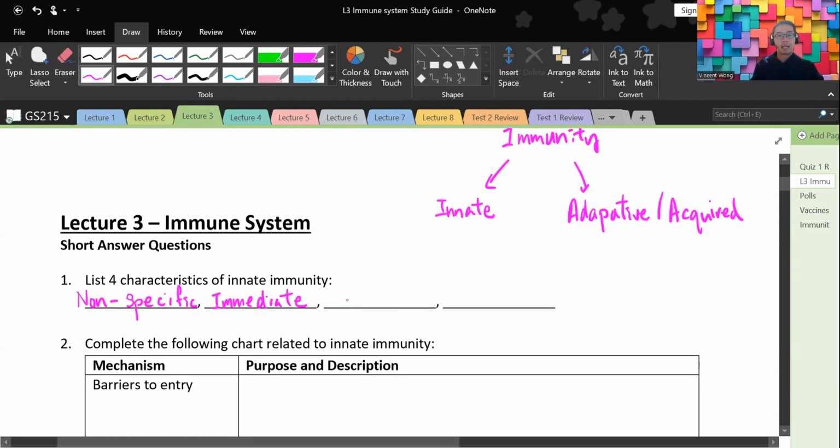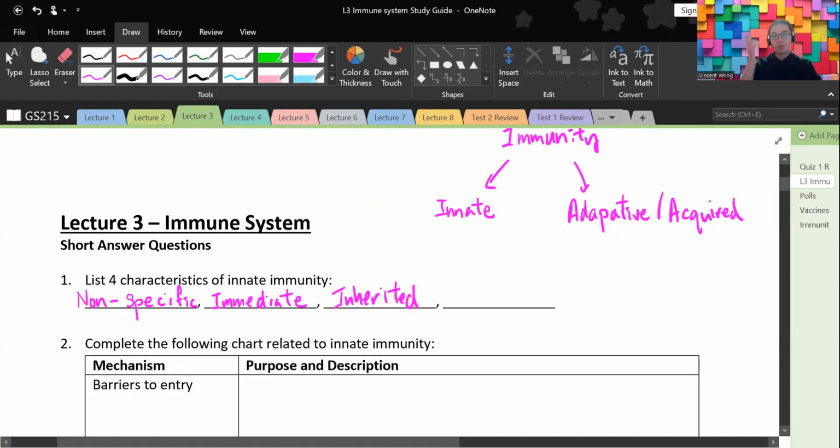And that's the second characteristic. What's the third one? Does anybody remember? What's the third one? Third one is it is inherited. Right? You're born with it.